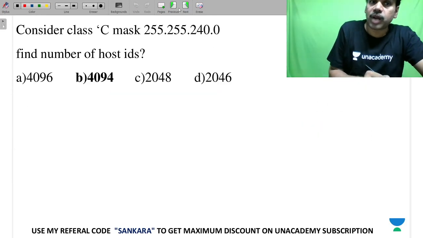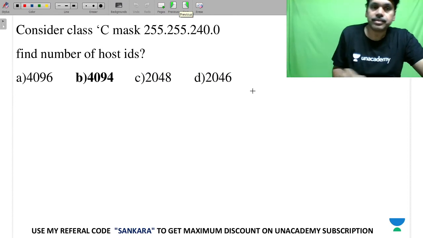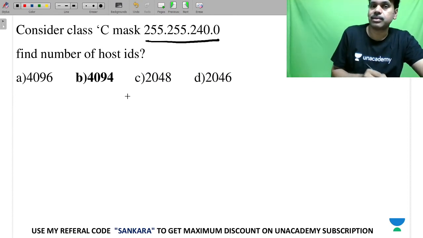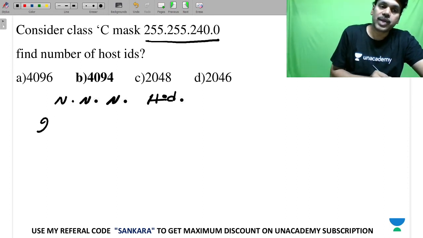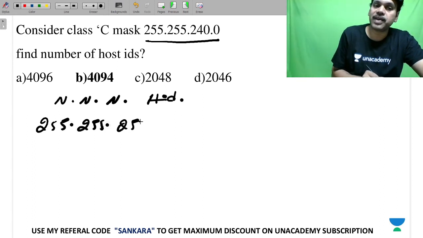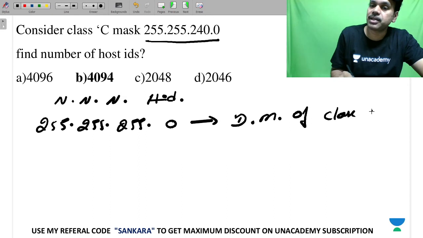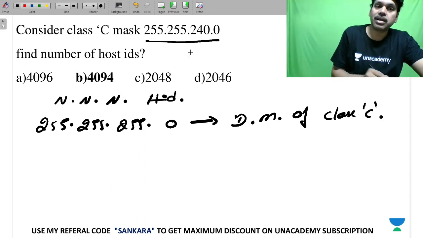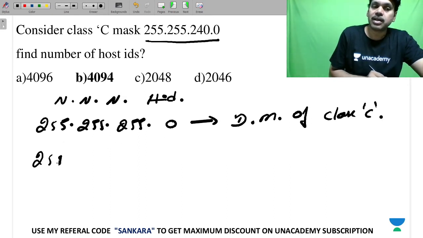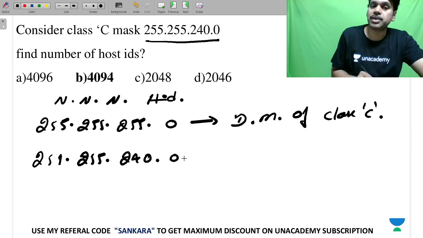Let us solve one more question. Class C mask. It is supernetted. Why? Because NID is manipulated. So actually your default mask is 255.255.255.0, which is the default mask of class C. But observe how much is given. 240 is given: 255.255.240.0.